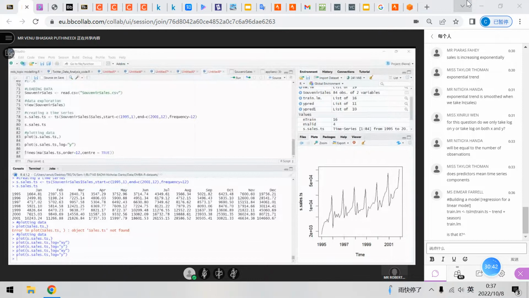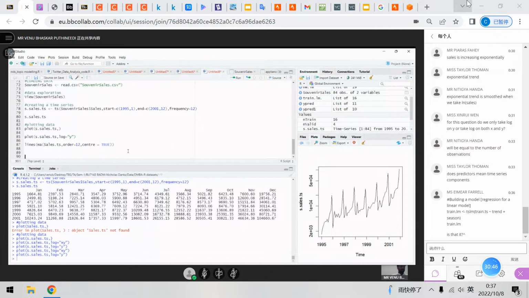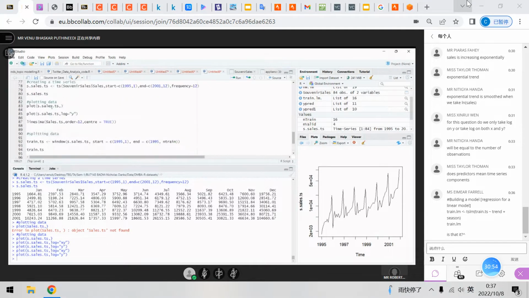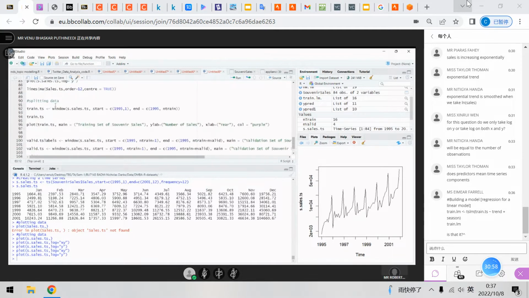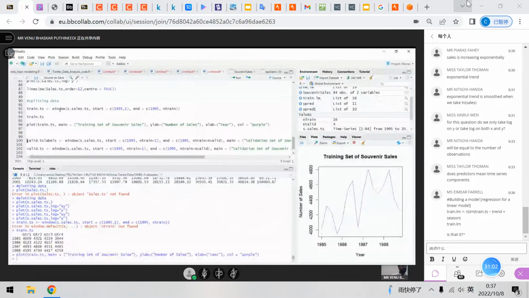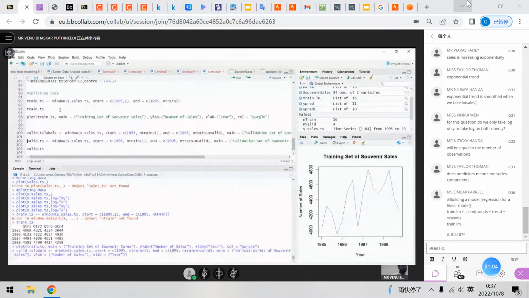Let me start with the code. Hashtag splitting data. And we have sales here. Yes, sales. We have plotting it again, right?